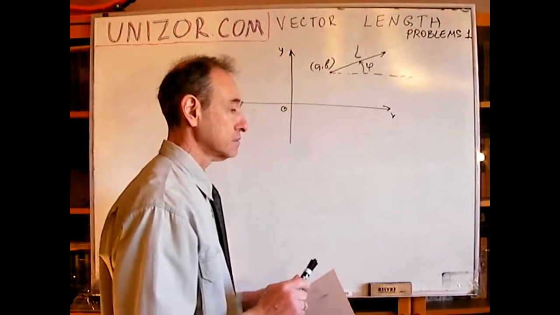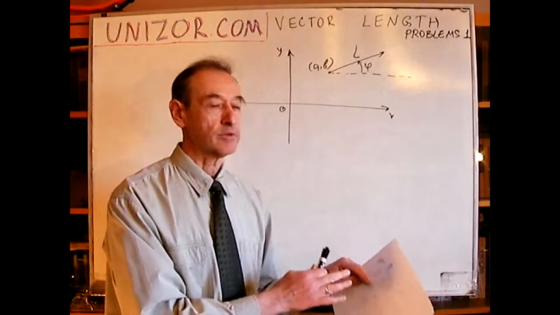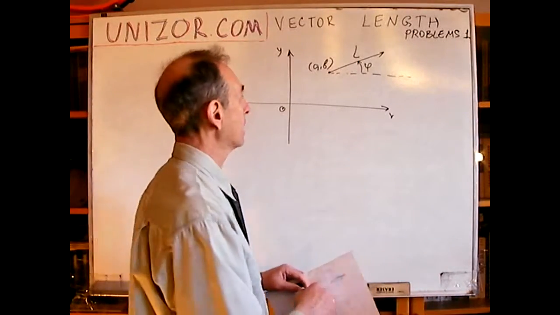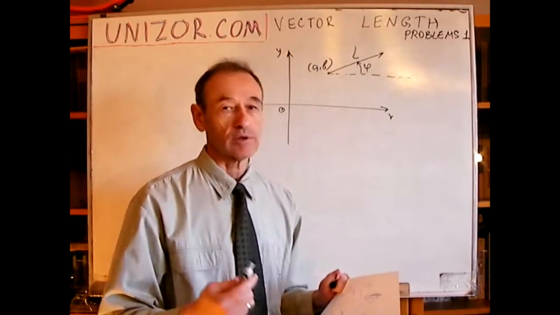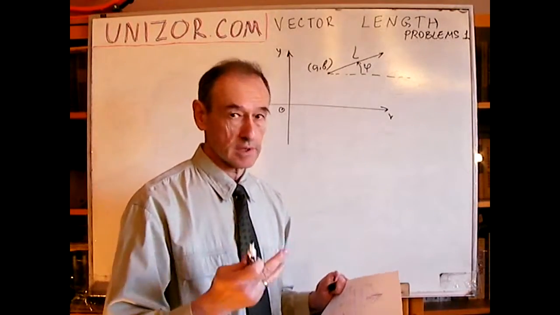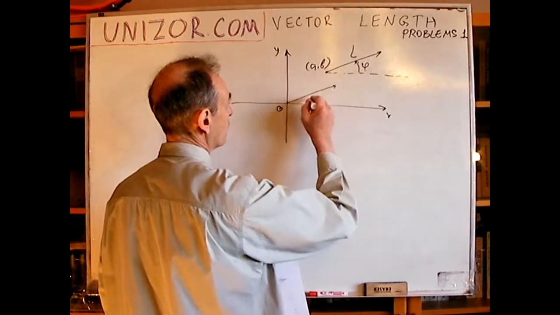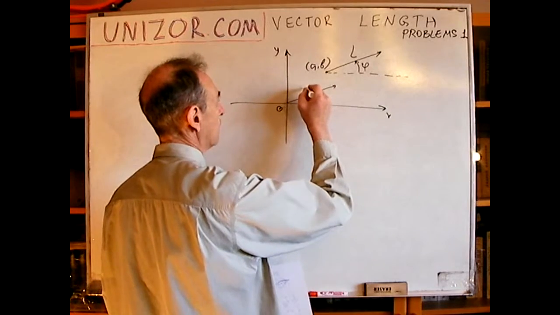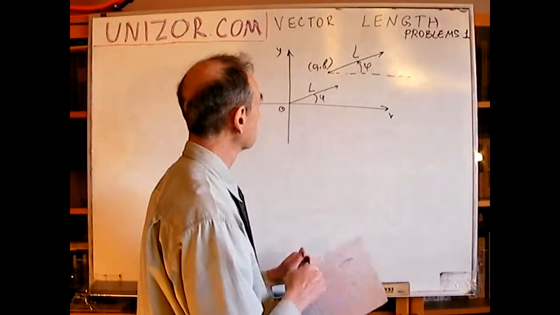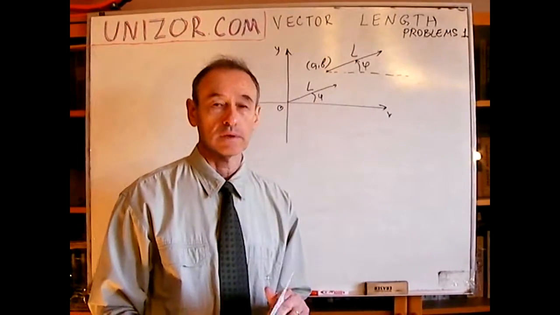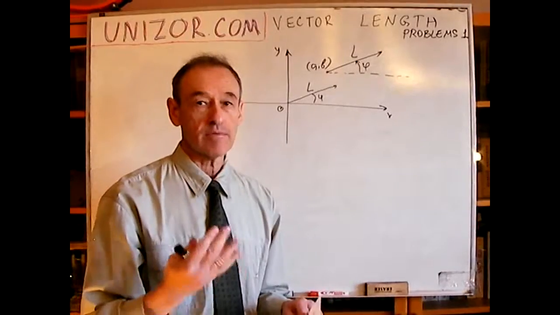Now, I would like to recall the fact that vectors are characterized by two things, length and direction, which means this vector, which has an angle phi and the length L, is exactly the same vector.